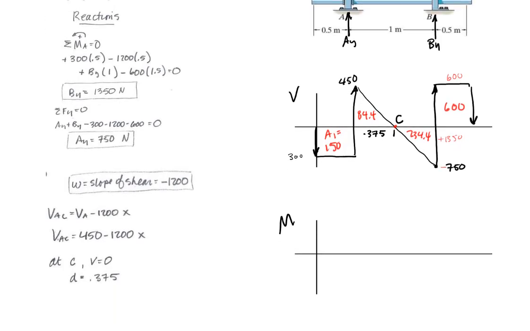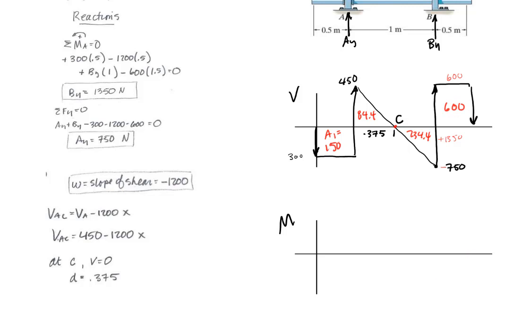So again, negative shear means moment decreases. Positive shear means moment increases. If this is a straight line or linearly decreasing, moment has an inverted parabola shape. Where this is positive, moment increases.